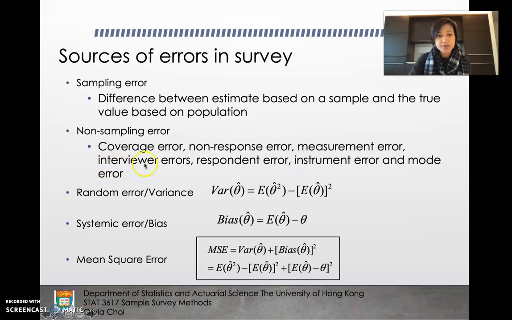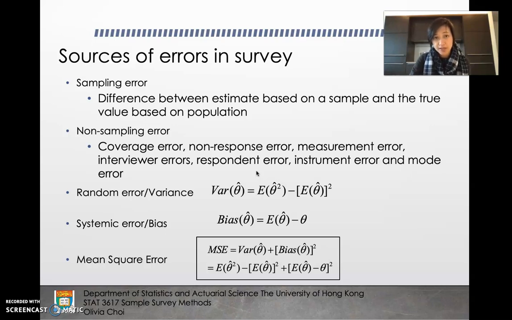Measurement error and interviewer errors are human errors. Measurement error would be, for example, errors with the calculation of the measure or the change of the decimal places. Again, we can reduce it. Interviewer error is very much related to how we train the interviewer.